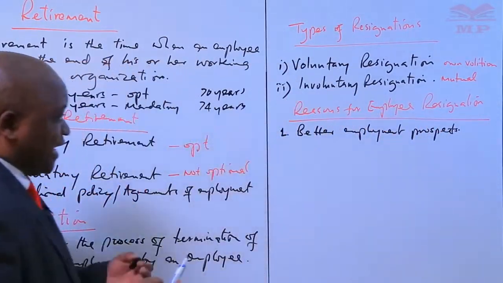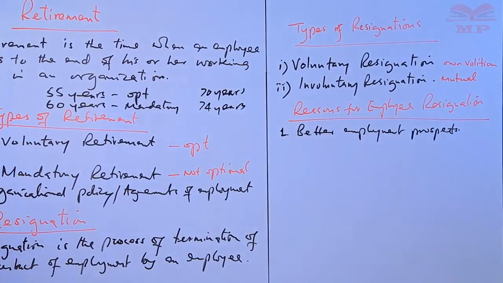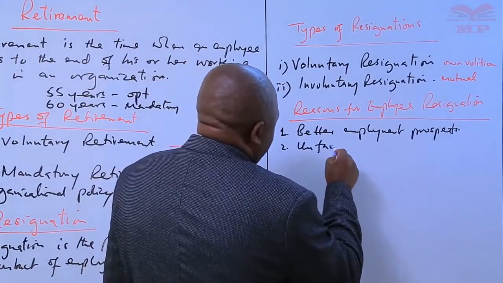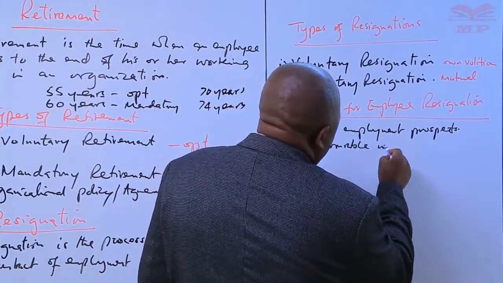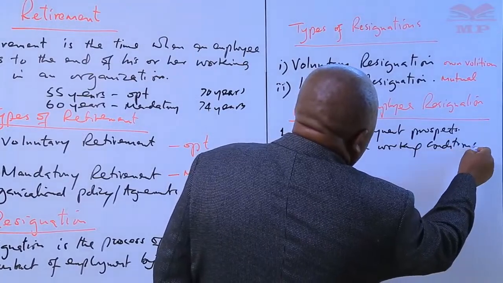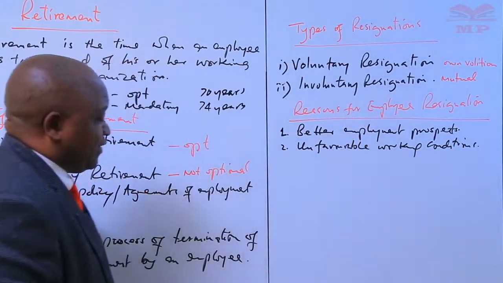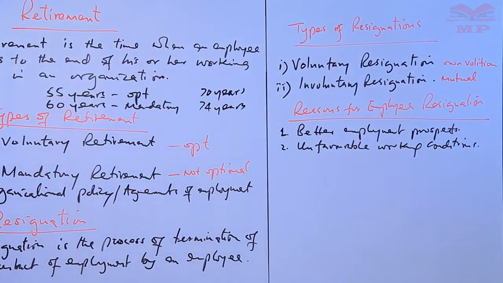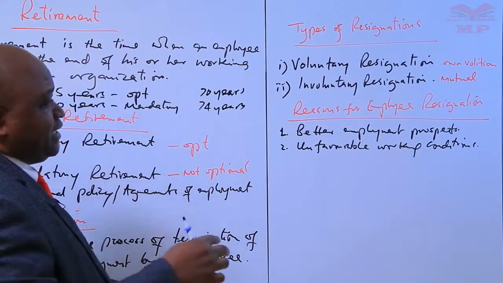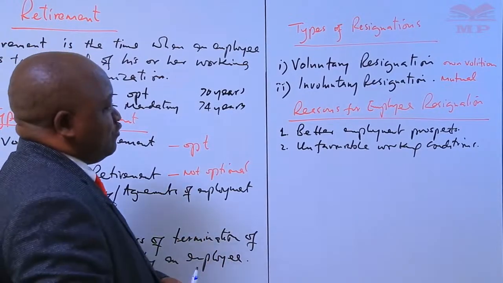An employee could resign from a given job to access a better job elsewhere. Two, unfavorable working conditions. The prevailing conditions in a given organization may not be favorable to an employee, and that could lead to the employee resigning for the sake of moving on.